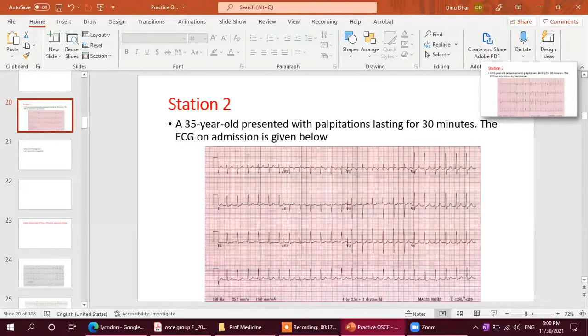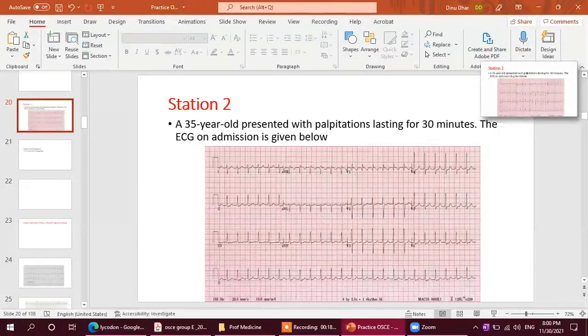Narrow complex tachyarrhythmia can be due to atrial fibrillation, atrial flutter, SVT or AVNRT.